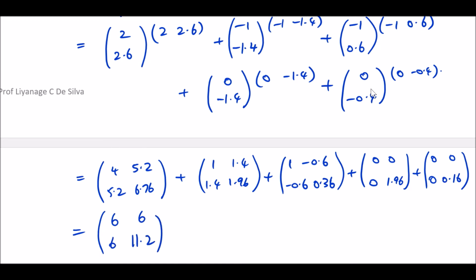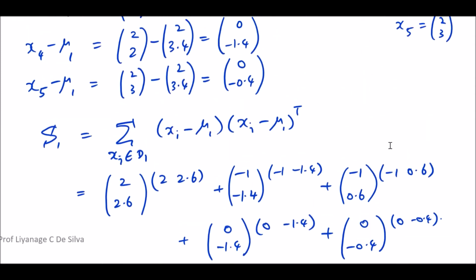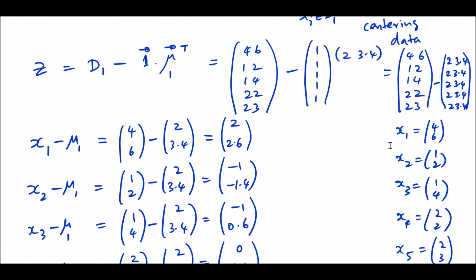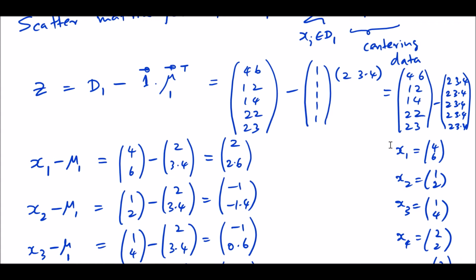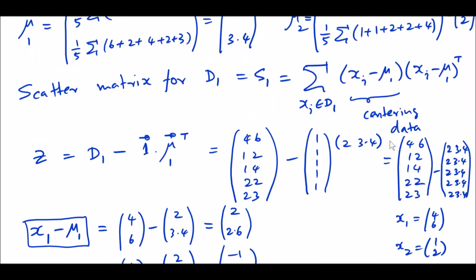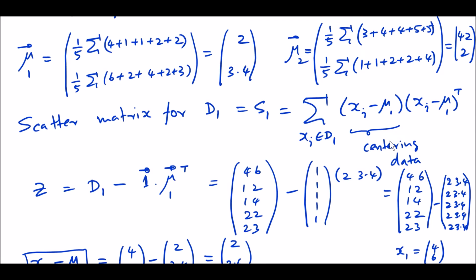It's quite straightforward. We calculated each element, took away its mean, got the value, and multiplied by its own transpose. This is our definition of the scatter matrix: xi minus mu1 times xi minus mu1 transpose.